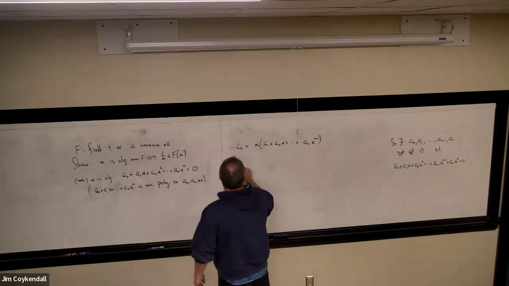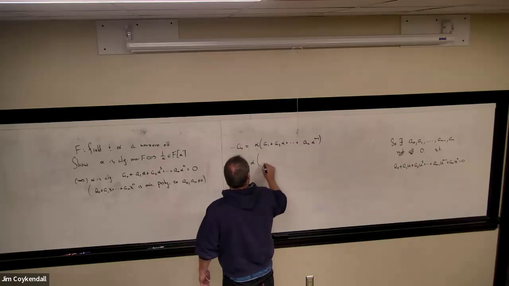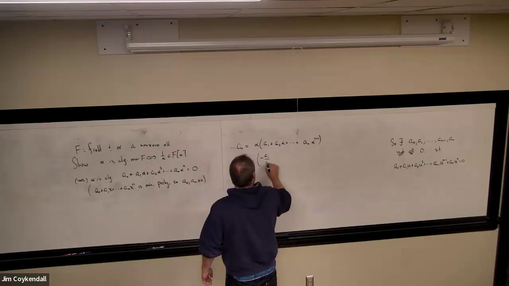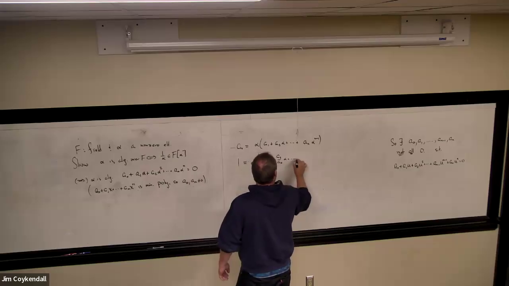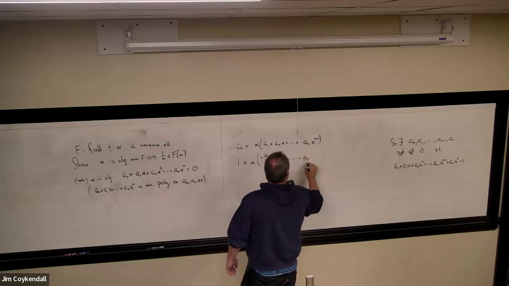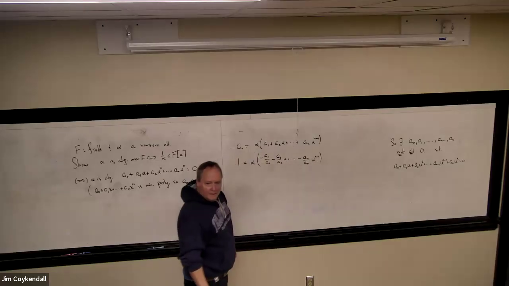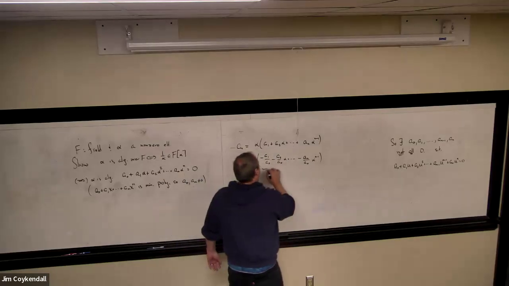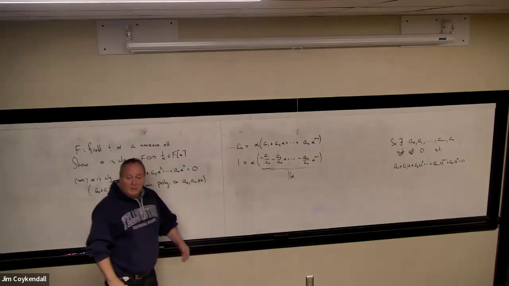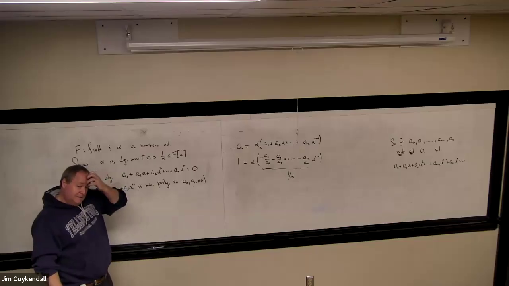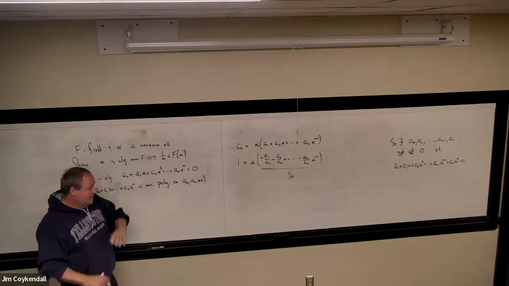So 1 is equal to alpha times (minus a1 over a0 minus a2 over a0 alpha minus ... minus an over a0 alpha^(n-1)). Agreed? And this is 1 over alpha, because it's the multiplicative inverse of alpha. Okay, so far.